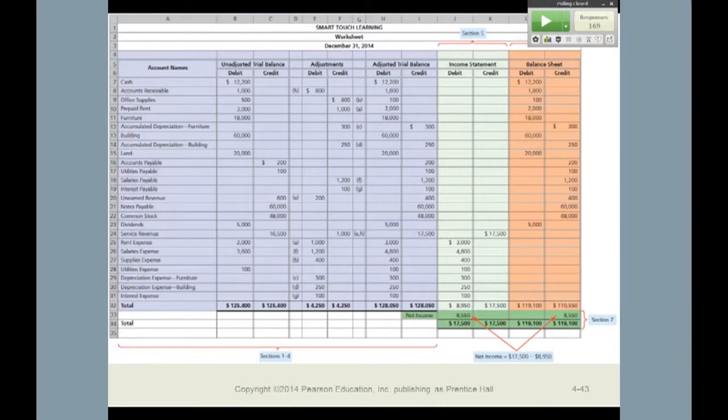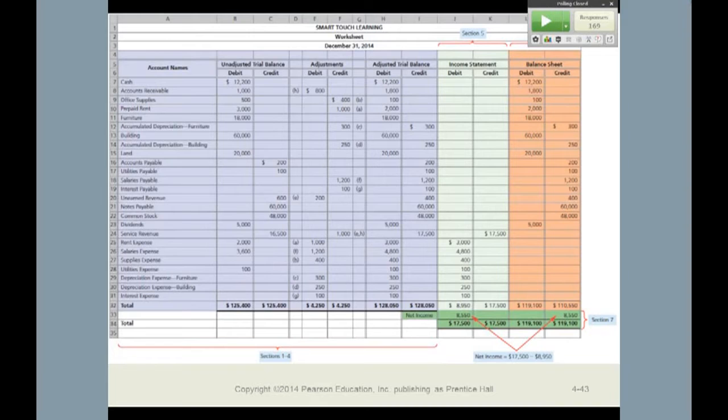I'll show you this with a simple example in a second, but you move forward from left to right where you would have the opening balance of 500, someone tells you they used up 400 of supplies, or they told you 100 was left, so you know you have to credit the supplies. And then you have to debit supplies expense in the income statement columns. And we'll show you that with a simple example.